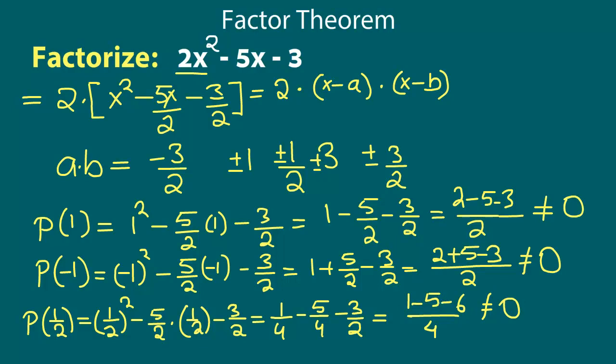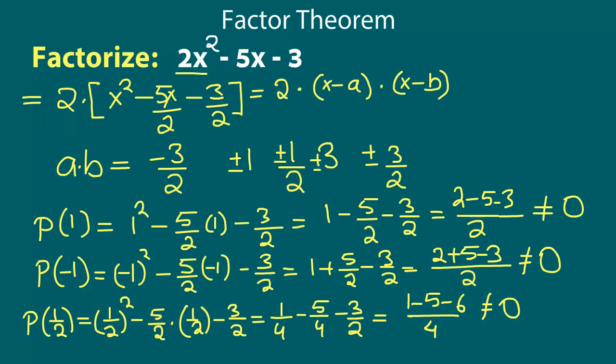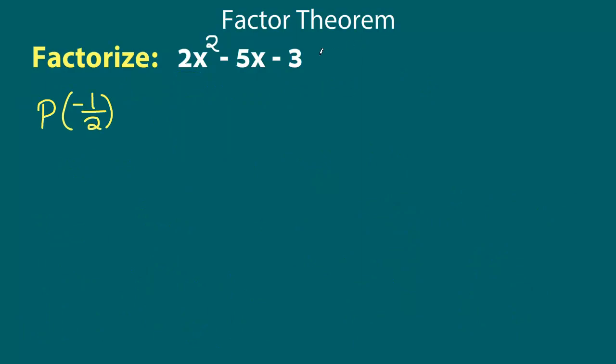Now let's give ourselves a little bit more space. Now we want to do polynomial of minus 1 by 2. So let's write our polynomial over here. So this polynomial is now 2 times x squared minus 5x by 2 minus 3 by 2, right?